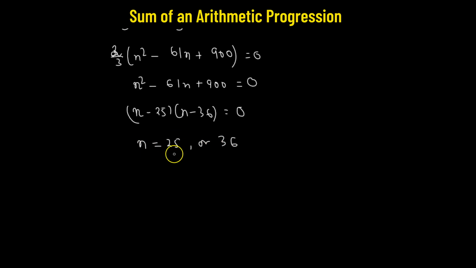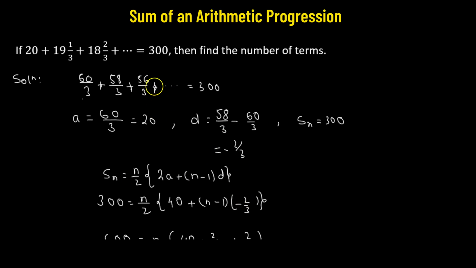Now we'll try to understand the meaning of getting two n values. If we look at our original series, we see that each term is diminishing. So there will be a point when the fraction becomes negative. So there will be some negative values. So we'll have 60 over 3 plus 58 over 3 plus 56 over 3. There will be certain terms here which are going to be negative.